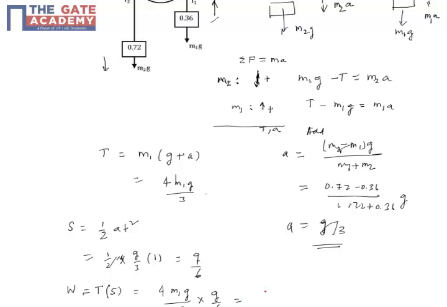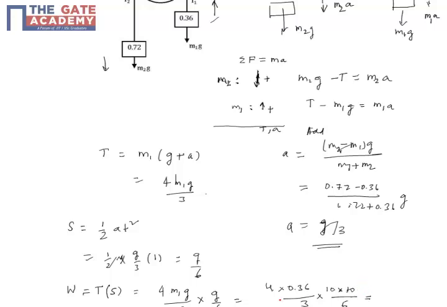So now we'll substitute everything. 4 by 3 into 0.36 by 3 into G, which is 10, into 10 by 6. So let's substitute everything and see how much we get.